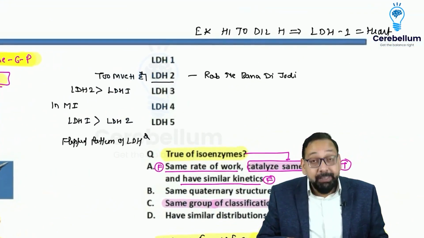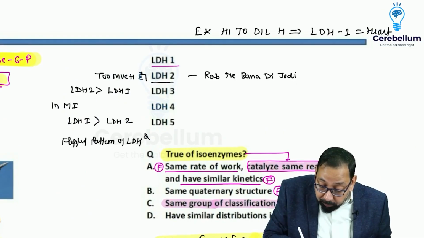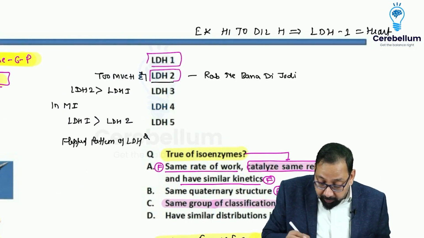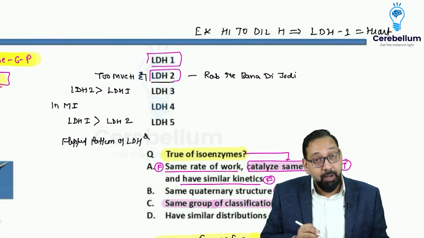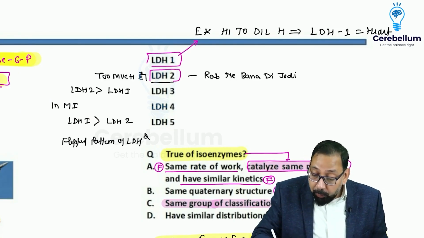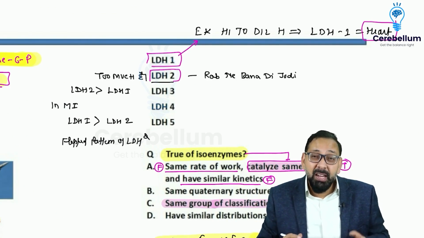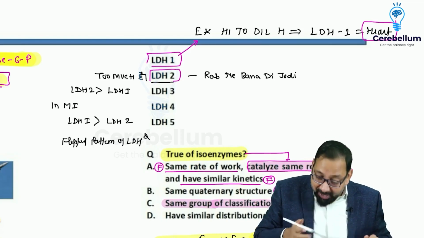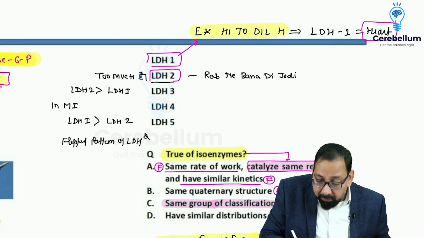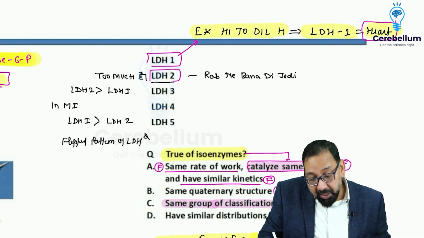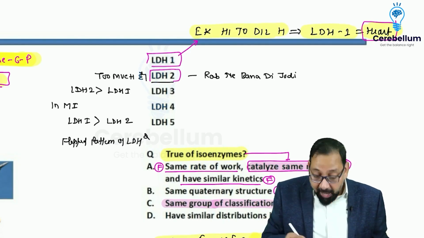Now, LDH, lactate dehydrogenase, 5 isoenzymes are there. LDH 1, 2, 3, 4, 5. LDH1 is found in heart mainly. How will you remember? एक ही तो दिल है, किस किस को दूं? एक ही तो दिल है, only one heart. LDH1 is present in heart.